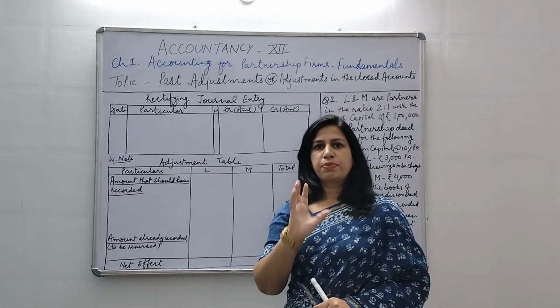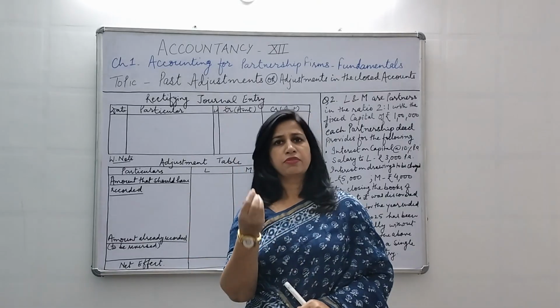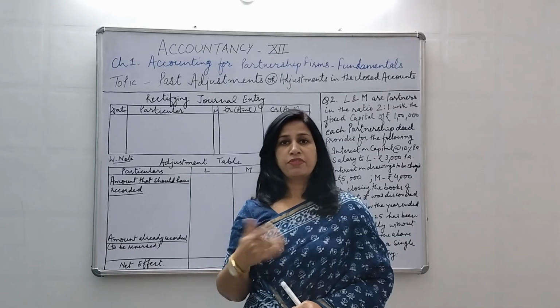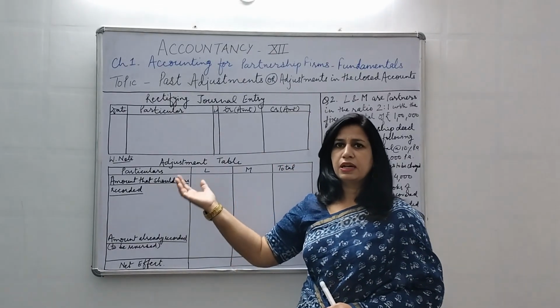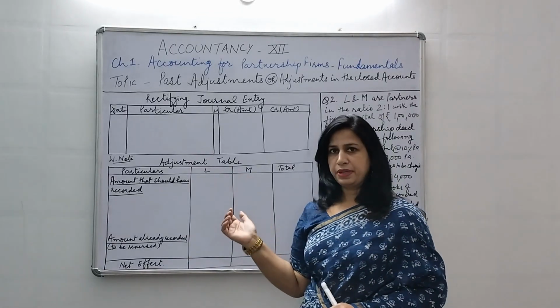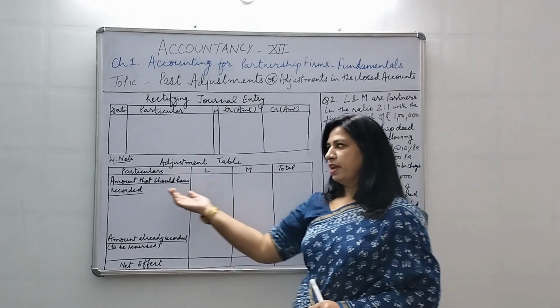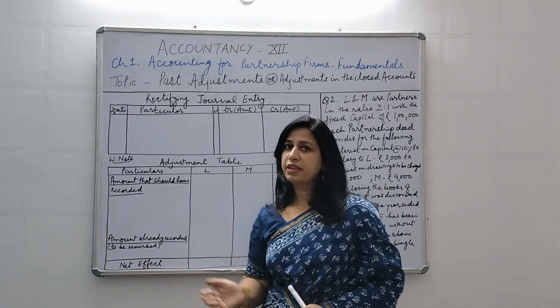Okay, so that simple format only we have to follow, and the simple formula that we had learned there we have to apply here. Fine. So what do we have to exactly do? We have to calculate the amount that should have been recorded for each partner separately as well as the total of that.